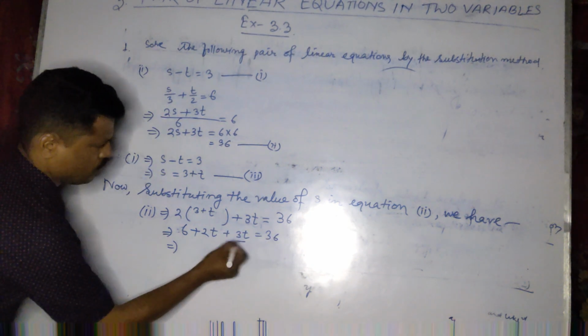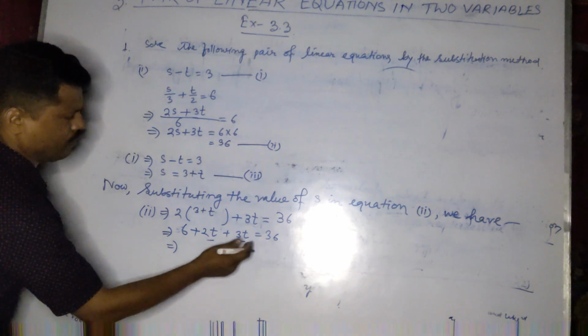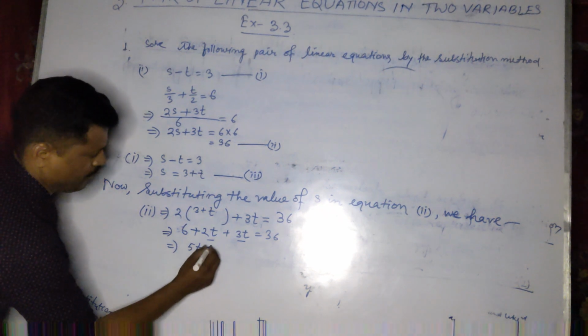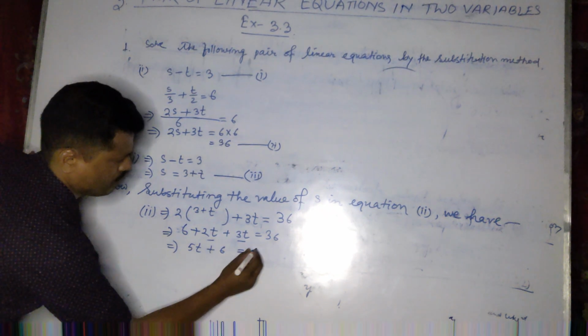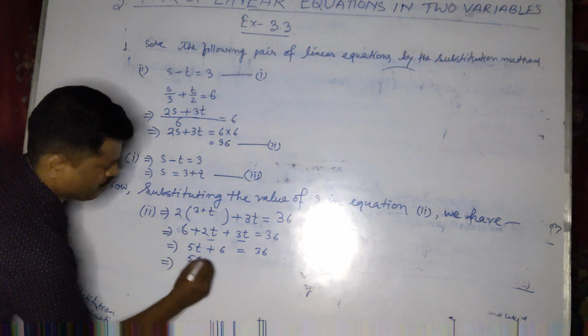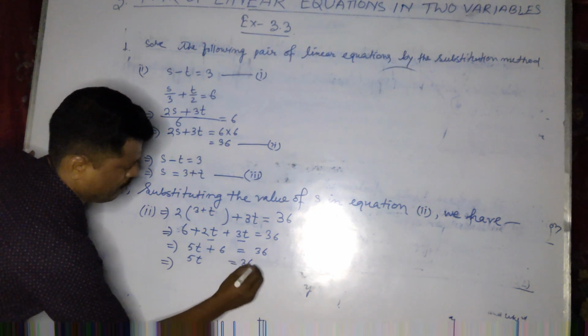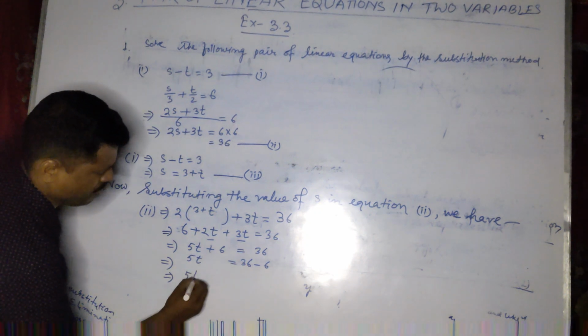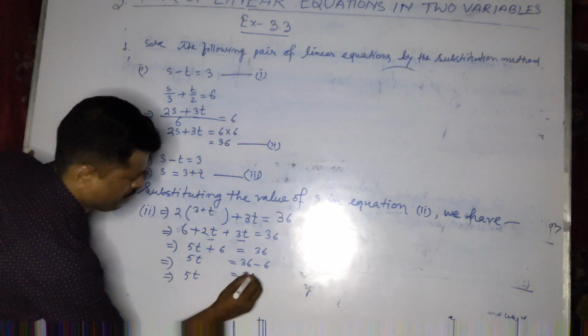Here 2t plus 3t means 5t. We can write 5t plus 6 is equal to 36. Now 5t is equal to 36 minus 6, then 5t is equal to 30.